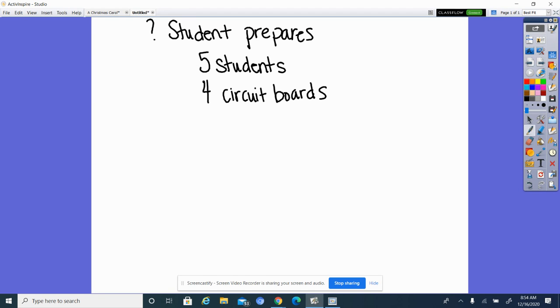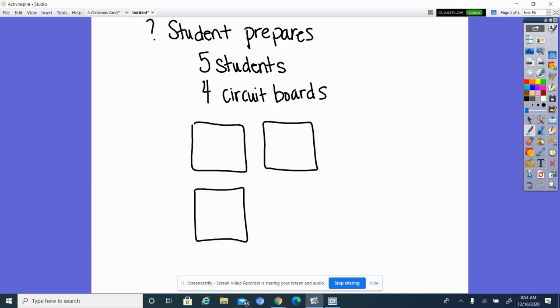So how many am I going to draw? 4. Everybody draw 4 circuit boards. Okay? Now, what are we going to divide those circuit boards into? 5ths. Why? Because there's 5 students. Good.